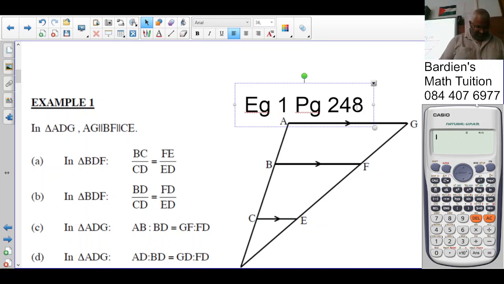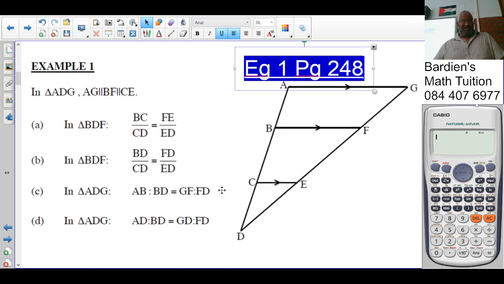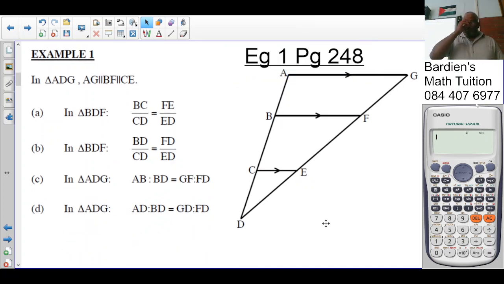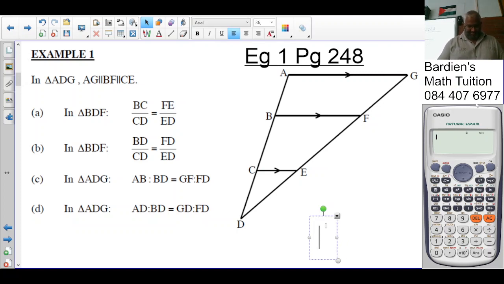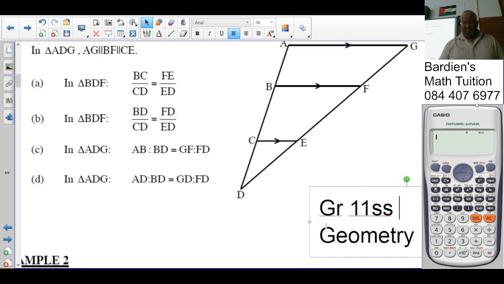Okay. So this is example 1 on page 248. This is for exercise 1. This is grade 11 SS, which means to say it's the shortened version or the examples only. This is Euclidean geometry.